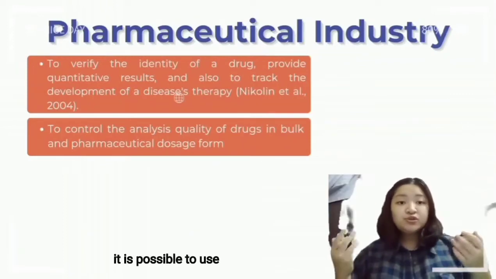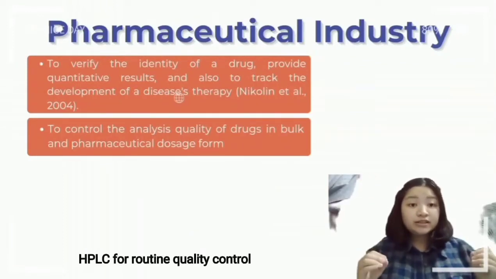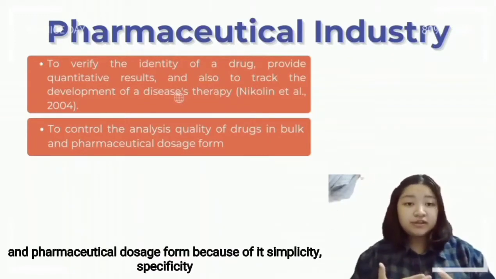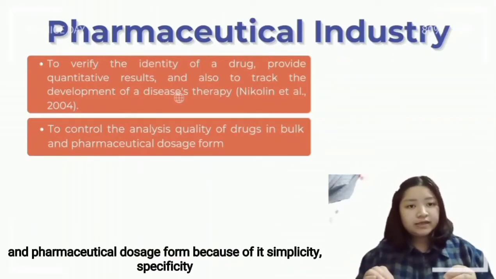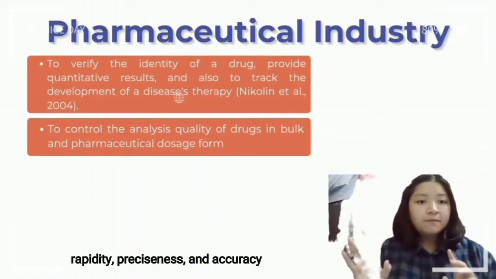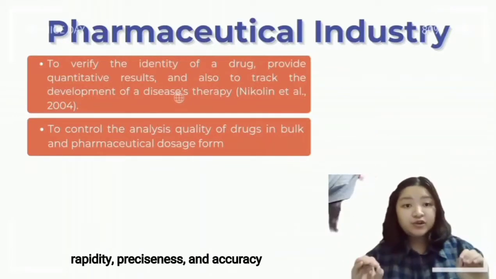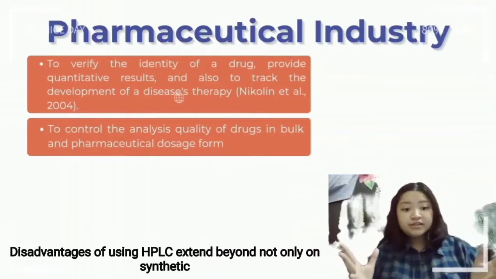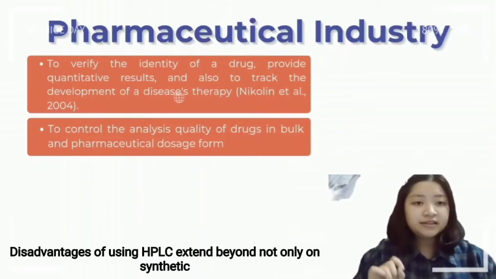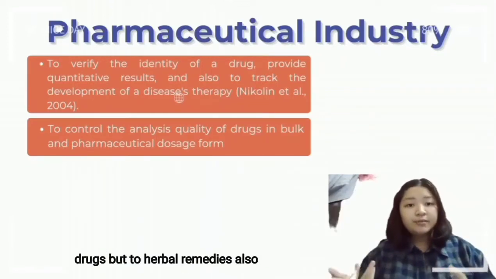It is possible to use HPLC for routine quality control analysis of drugs in bulk and pharmaceutical dosage form because of its simplicity, specificity, rapidity, preciseness, and accuracy. These advantages of using HPLC extend not only to synthetic drugs but also to herbal remedies. And now we know about it.